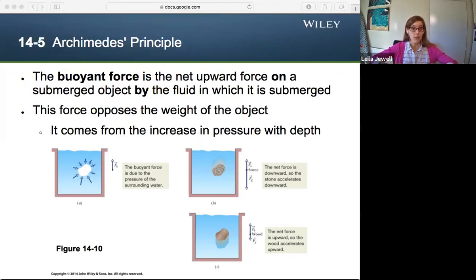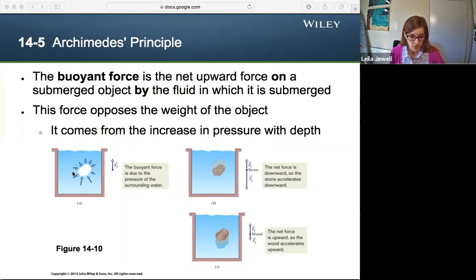It has this upward force. That's the buoyant force, and it comes from the water of the pool. This force opposes the weight of the object because weight or gravity is always pulling us down, and it comes from the increase in pressure with depth, which is something we will see in, I believe, 14.2.